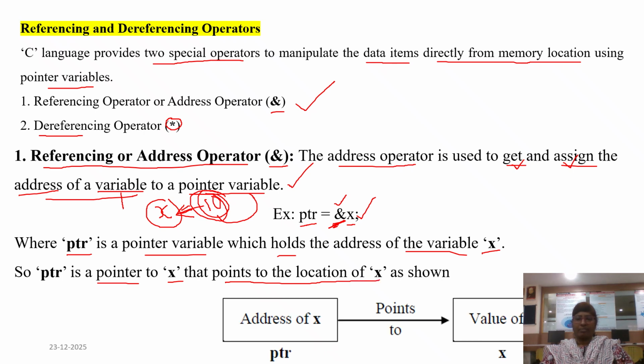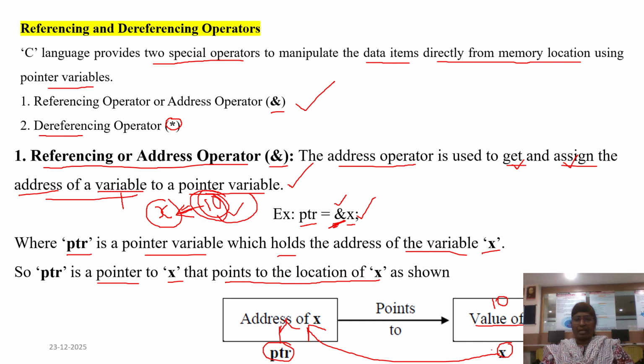Here it is simply representing the value of the variable x. In this example, the value I have assigned to this variable is 10, so we can simply say that the value of x is 10, and the pointer is holding the address of this variable.